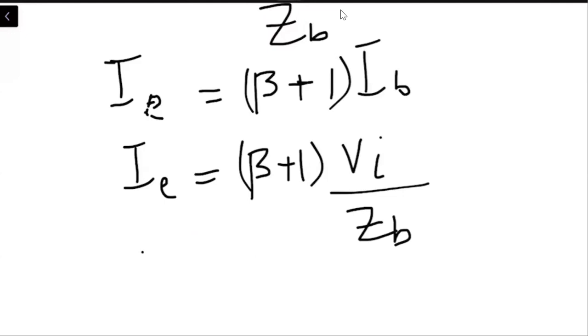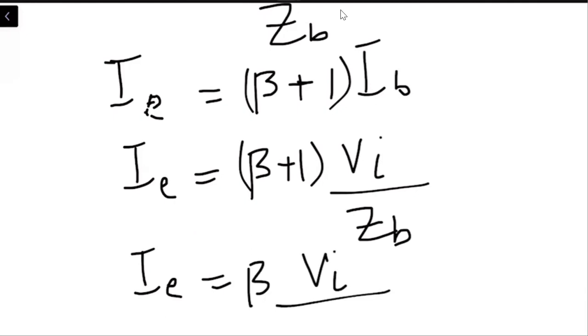So IE is equal to beta times VI, where ZB is also equal to beta times RE plus beta plus 1 times RE. Are you with me?